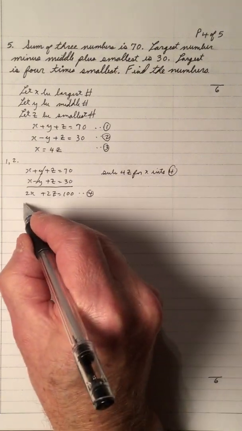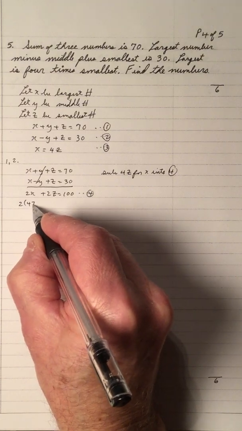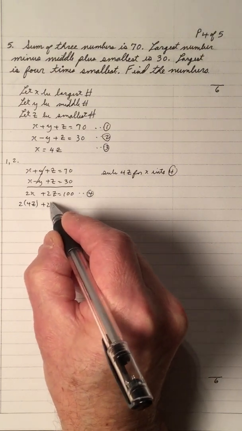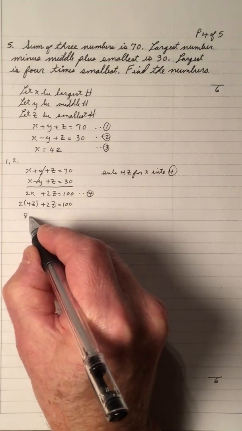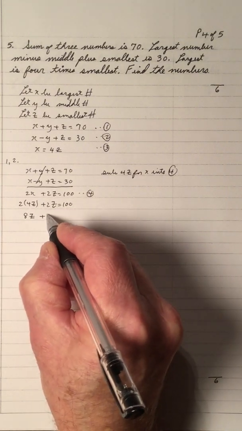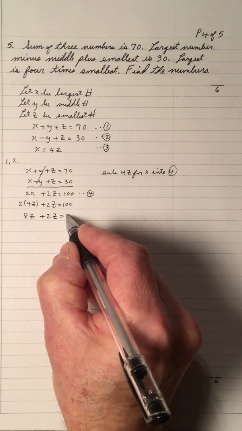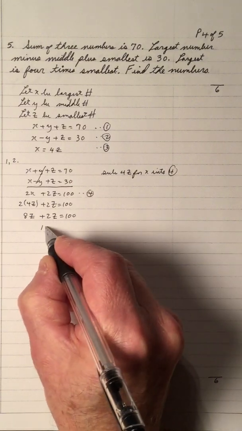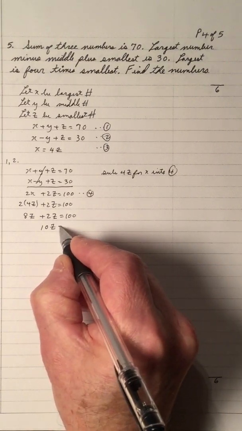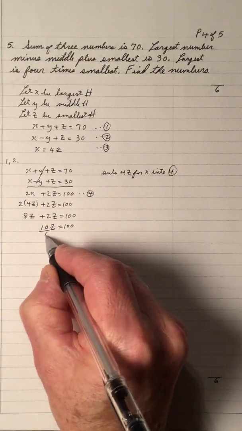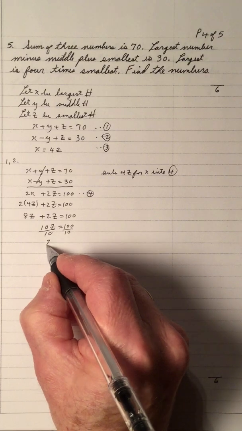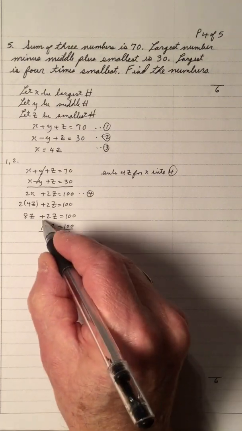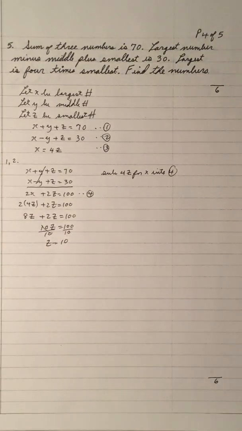So x is 4z, so x becomes 4z. That gives me 2 times 4z is 8z, plus 2z, 8 plus 2 is 10, 10z equals 100. Divided by 10, and I get z is 10.